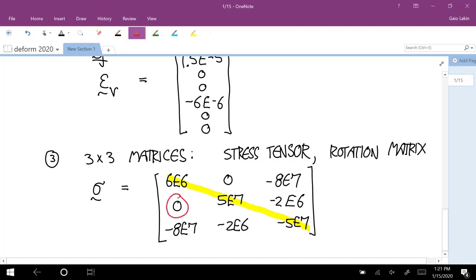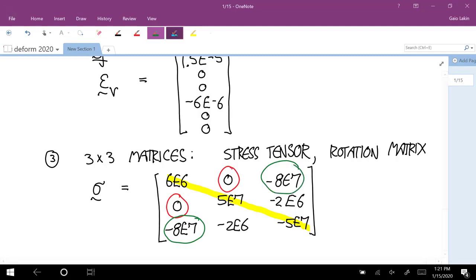This is equal to that. This is equal to that. And this is equal to that. Okay. That's not just by chance. Stress tensors have to be symmetric matrices in this way. It's called symmetric. I'll get that in your notes in a second.